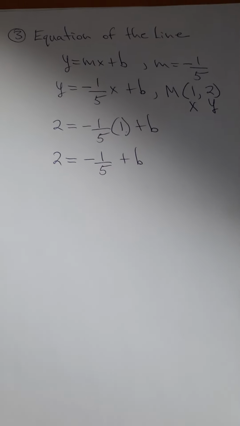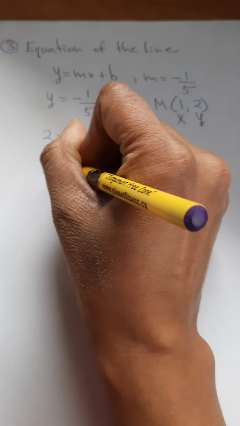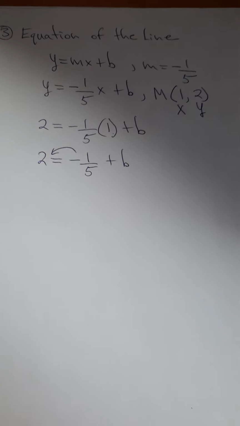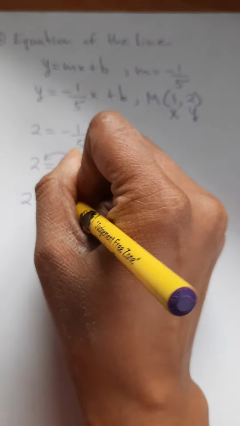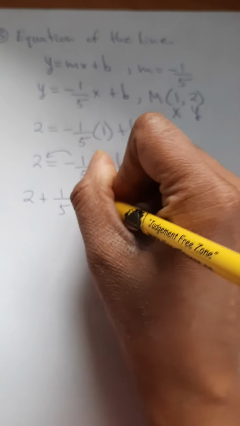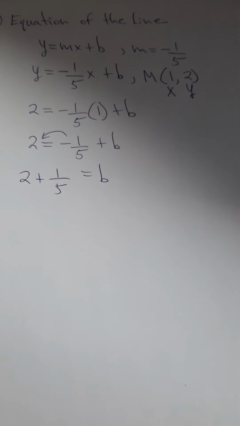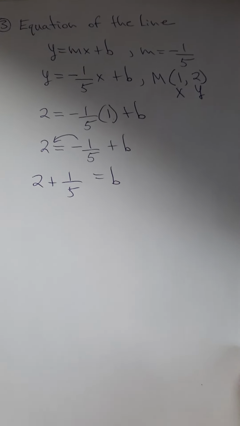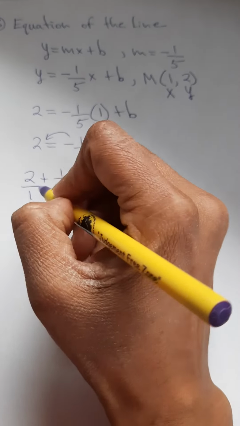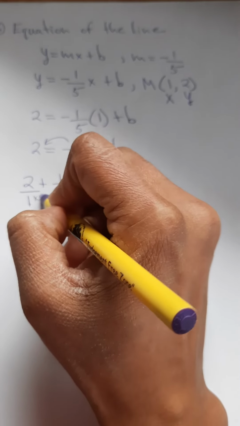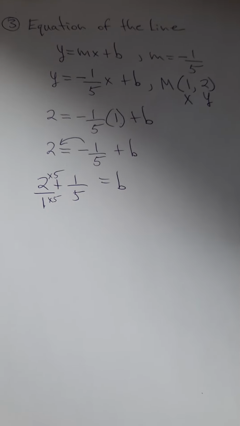What we're going to do in the next step is take the negative 1 over 5 to the other side. It becomes positive. So 2 plus 1 over 5 is equal to b. And what I want to do now is take a common denominator. So I'm going to put this over 1, and we're going to multiply the top and bottom here by 5.